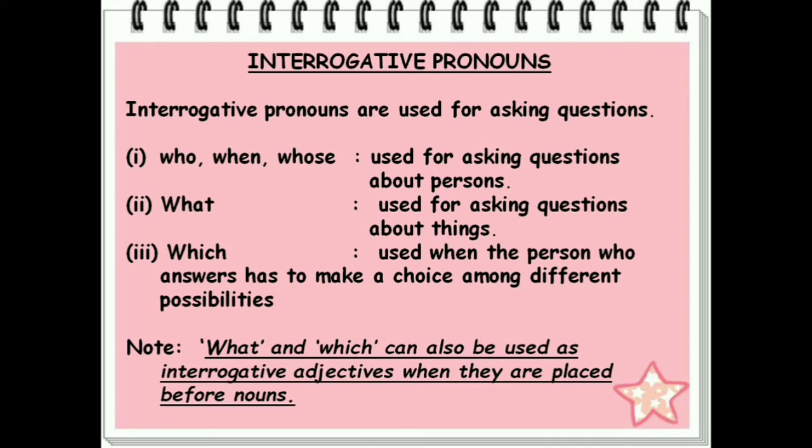And next, what is used for asking questions about things, and which is used when the person who answers has to make a choice among different possibilities. And one more thing, what and which can also be used as interrogative adjectives when they are placed before nouns. Adjectives you have already learned in the previous chapter.